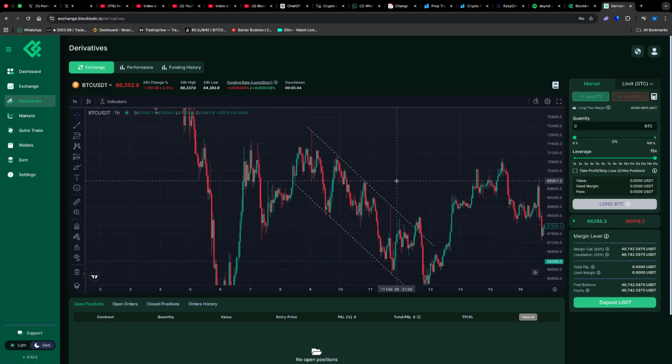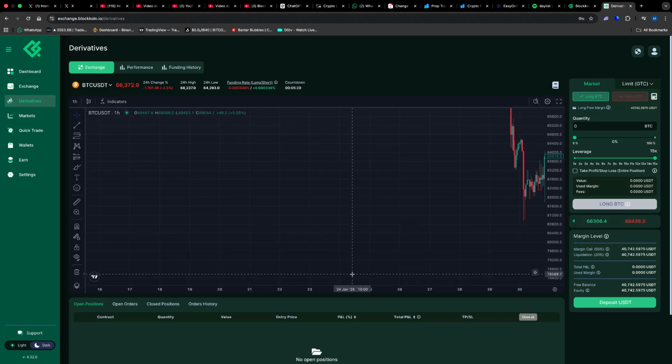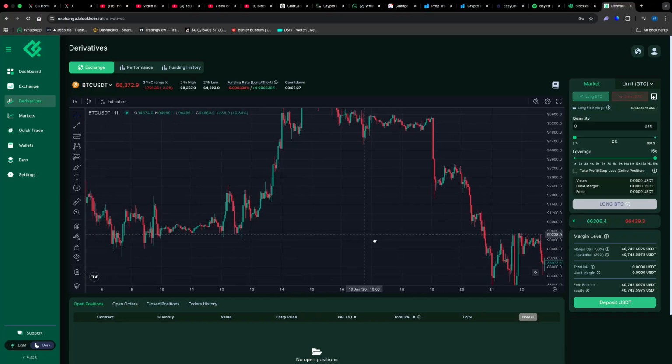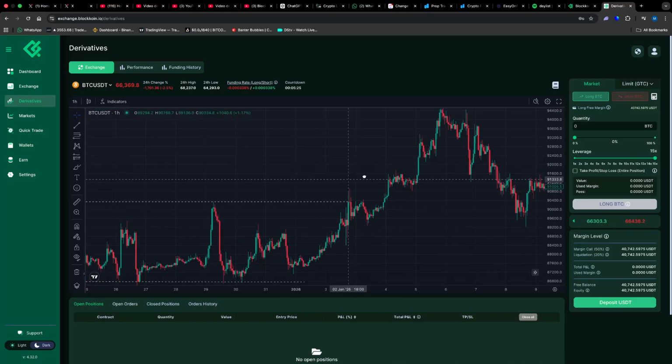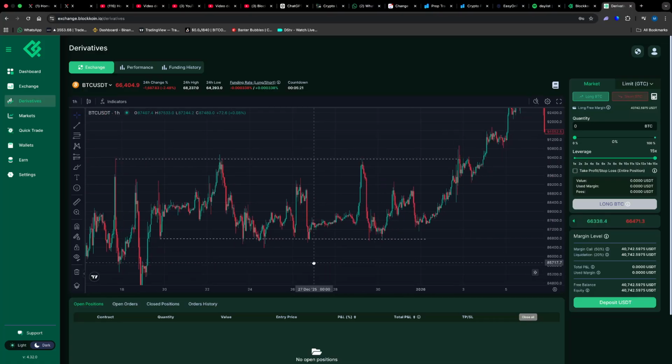Moving on to step 2, what is a range? A ranging market is where price moves between a clear support and resistance without making new highs or new lows. Let me get you that image. Over here you can see a ranging market.